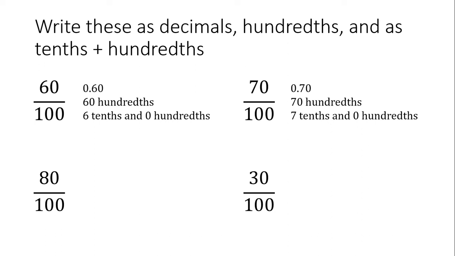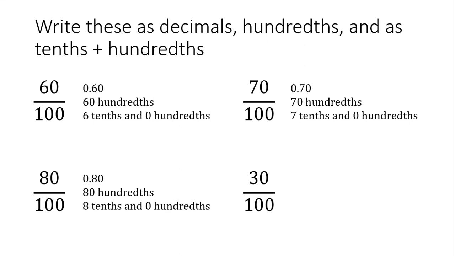In the bottom left corner, we have 80 over 100, and you could write that as 0.80. Or you could say, well, that's 80 over 100, so it's 80 hundredths. Or you could look in the tenths place and say, oh, that's an 8 in the tenths place, so 8 tenths and 0 hundredths.